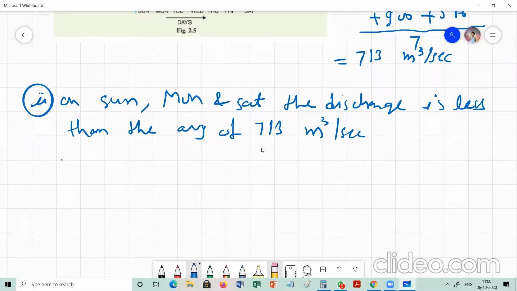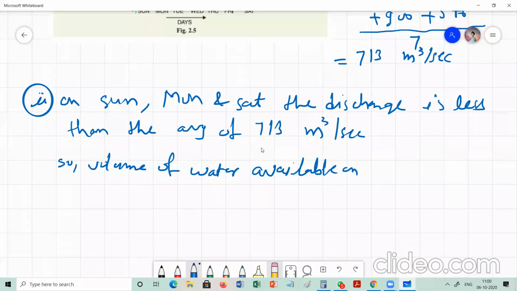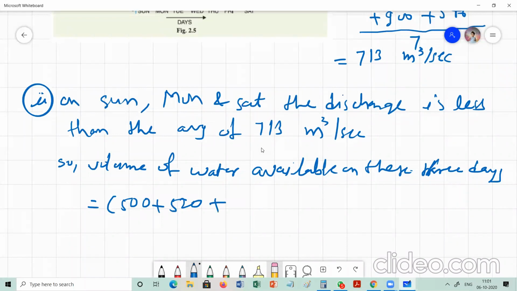The volume of water available on these 3 days will be equal to: on Sunday it is 500, on Monday it is 520, and on Saturday it is 546.